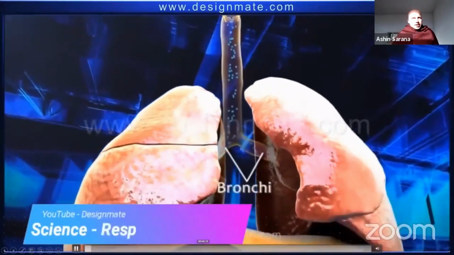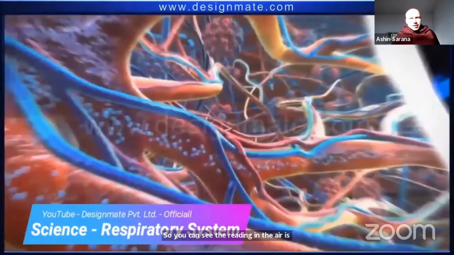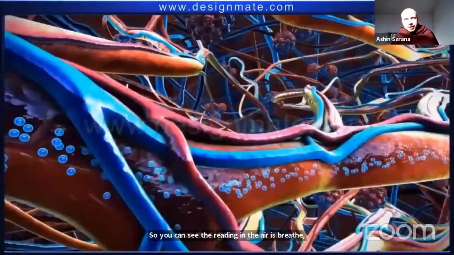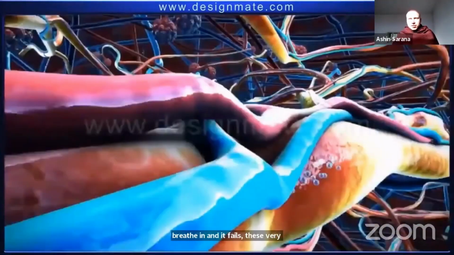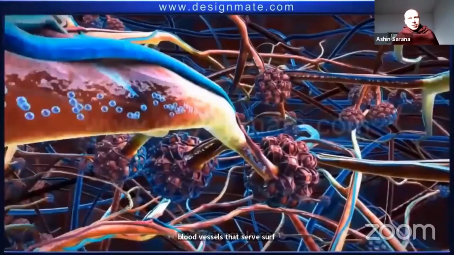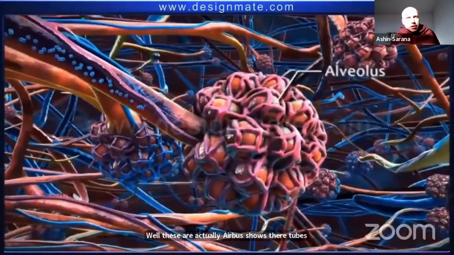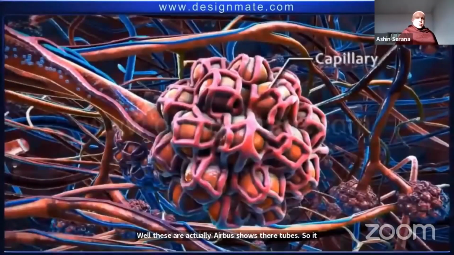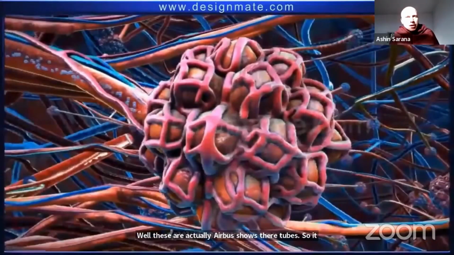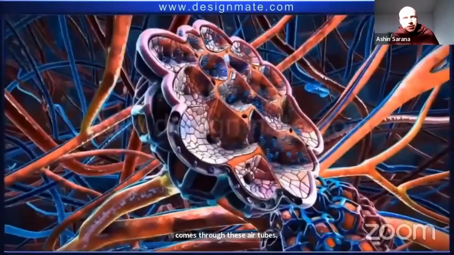So you can see the air is breathed in, and it fills these so-called blood vessels. Well, these are actually air vessels, they're air tubes. So it comes through these air tubes, and it arrives at these chambers.